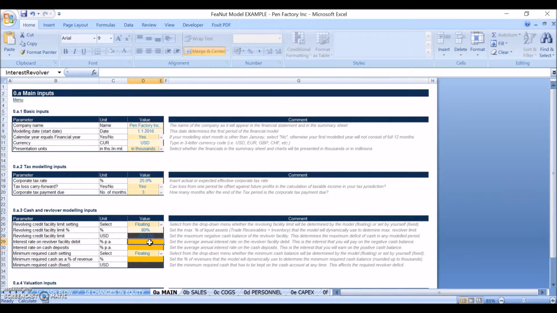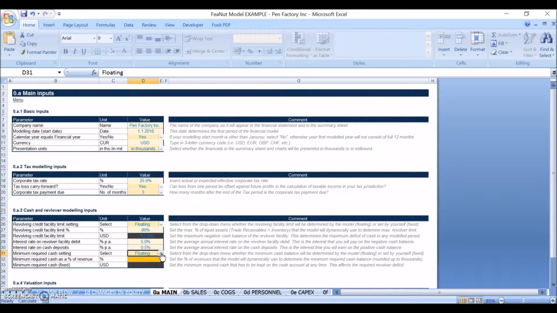So for interest rate on revolver, let's use 5%. Interest rate on cash deposits, and these days this will be a very small amount. Let's use 0.5%. In our case, it could be even less than that, but let's use 0.5% for our example.